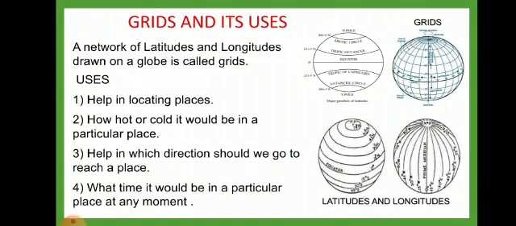How hot or cold it would be in a particular place. 3. Helps in deciding which direction we should go to reach a place. 4. What time it would be in a particular place at any moment.